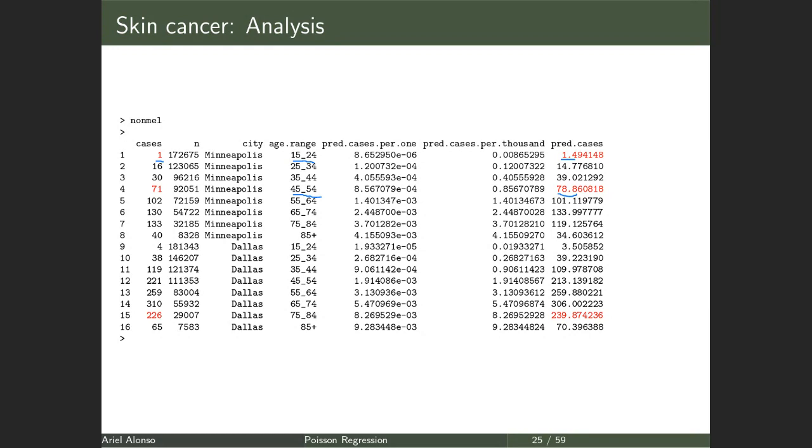We actually observed 71. So the model actually makes very good predictions. For instance, in the category between 75 and 84 in Dallas, the model predicts about 239 cases. The actual number of cases was 226. So the model seems to be working fine.